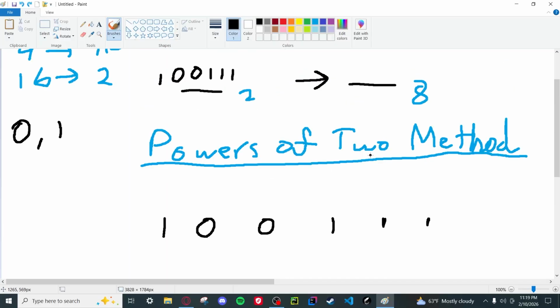So, what does that mean necessarily? Well, we know 2 to the 0th power is 1, 2 to the first power is 2, 2 to the second power is 4. What does this equal? 7. Chunk it, draw a line, little wall separating the two sections.